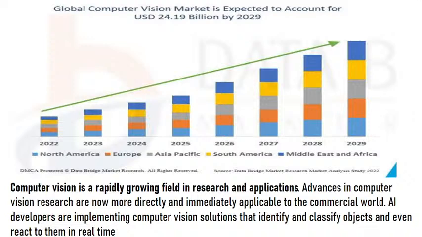Okay, then coming to the global vision market and the scope of OpenCV. Computer vision is a rapidly growing field in research and application, right? Coming to the commercial growth of computer vision, it is proliferating, with demand for computer vision engineers soaring higher than ever.